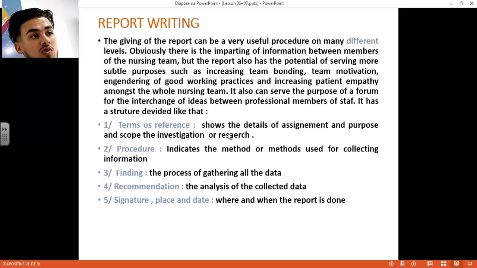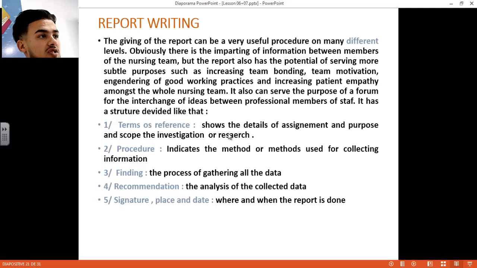But the report also has the potential of serving more subtle purposes, such as increasing team bonding, team motivation, engendering good working practices, and increasing patients' empathy amongst the whole nursing team. It also can serve as a forum for the interchange of ideas between professional members of the staff. So report writing may help the staff members to exchange ideas easily.